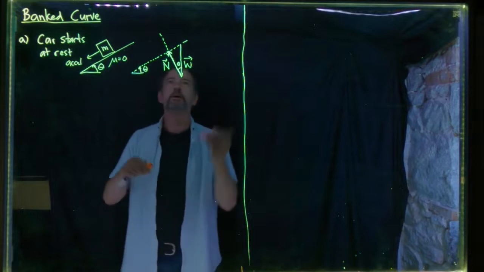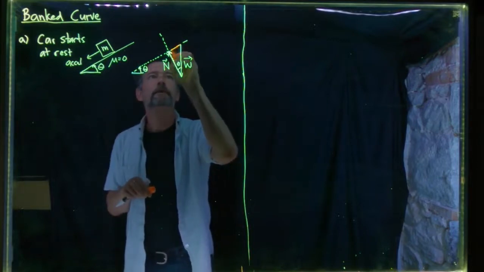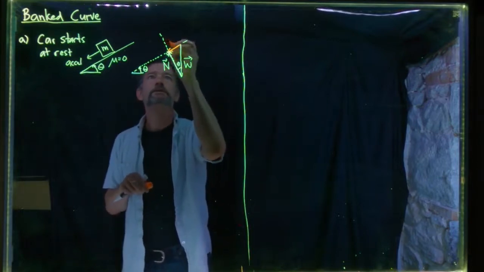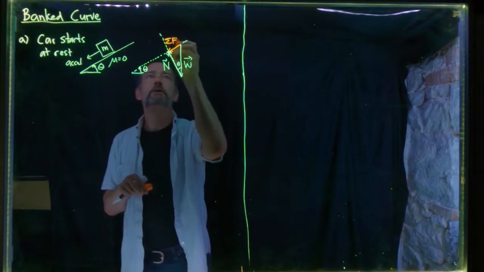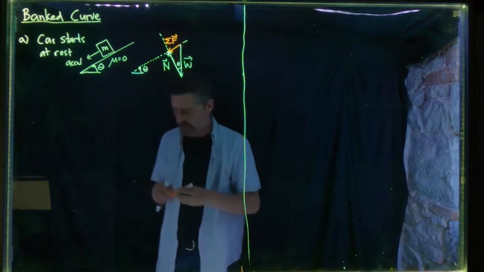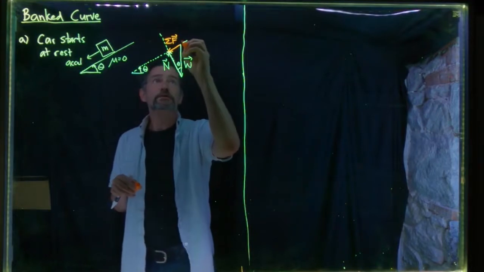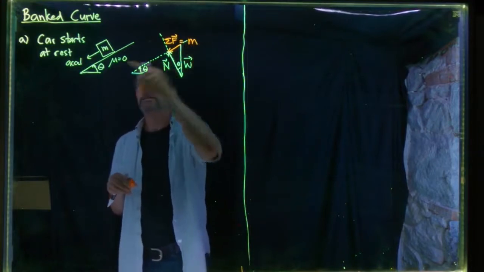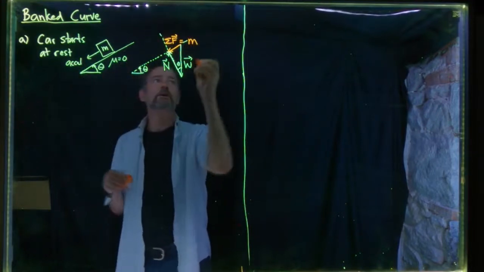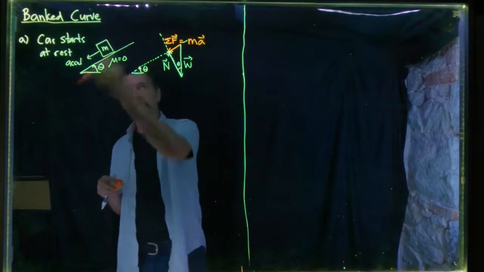So let me put that in a different color. This is the net force, the sum of all the forces, and that sum is equal to the mass of the car, the inertial mass, times its acceleration down the incline.